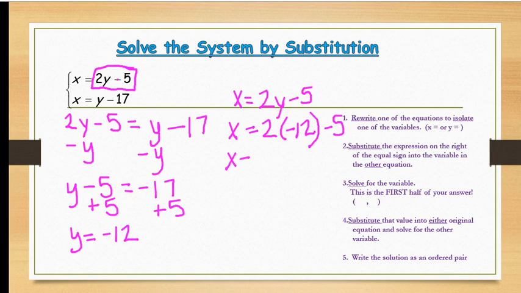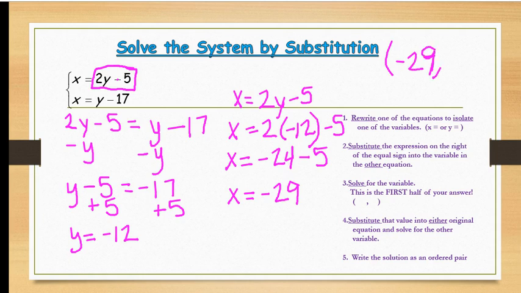So x equals negative 24 minus 5. Negative 24 minus 5 is negative 29. So our solution is going to be negative 29, negative 12.